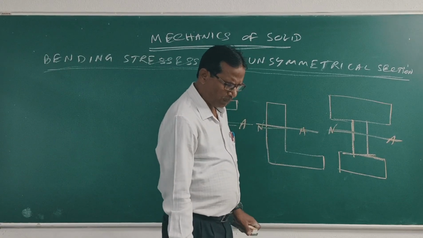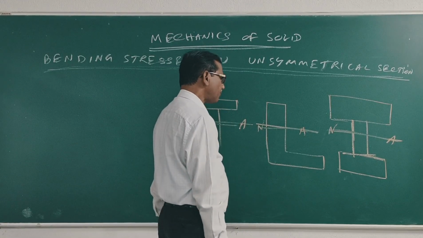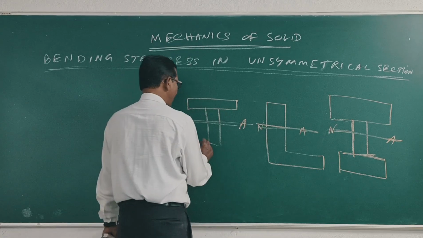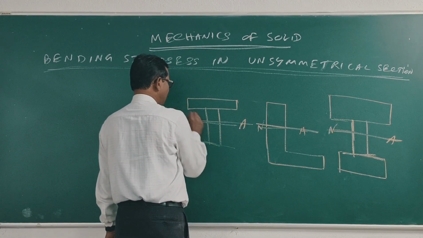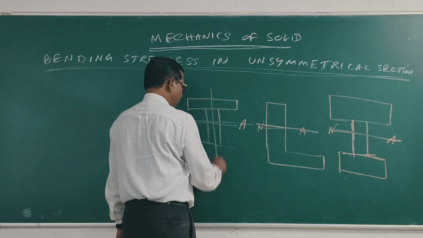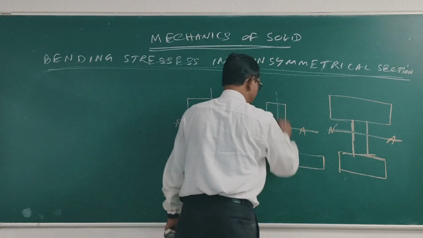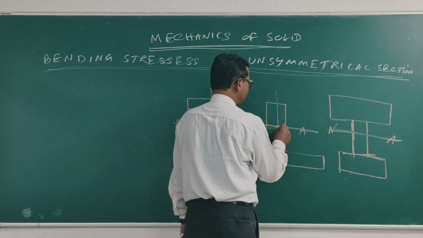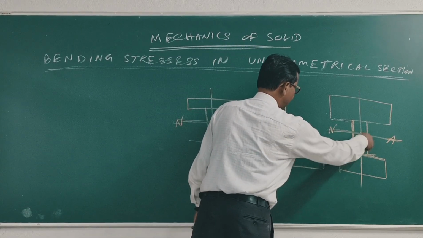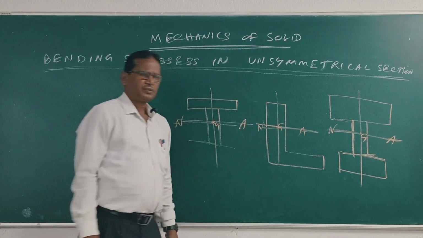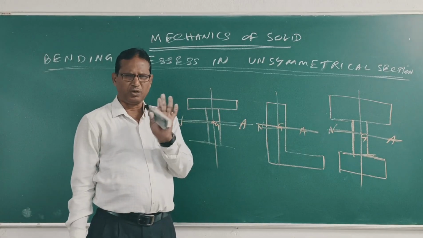So suppose this is YC. First find out this is G. So the neutral axis passes through the center of the figure.